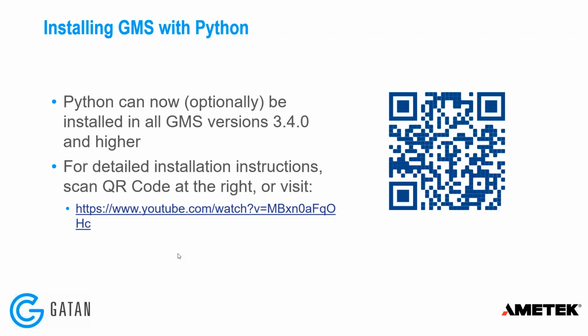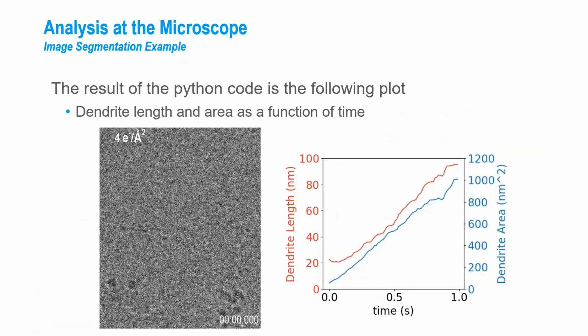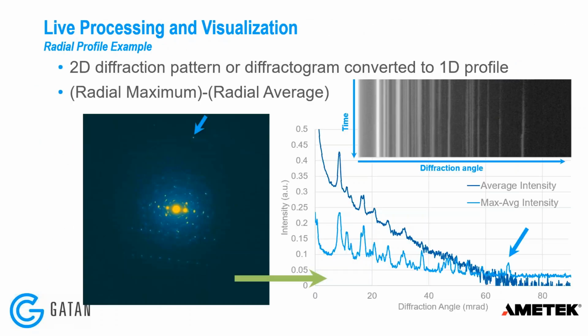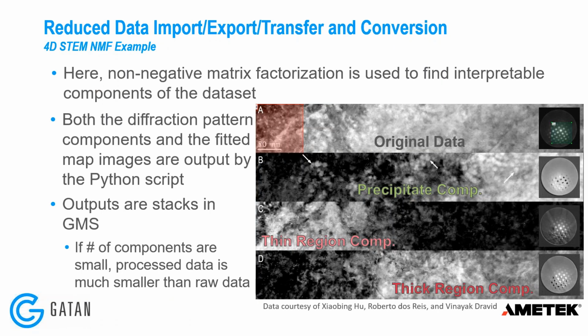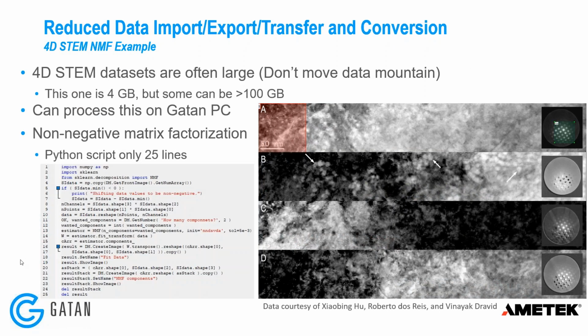There have been a number of questions, Ben, related to using Python with EELS data. No specific examples in this presentation, but can you comment on using Python with EELS? Yeah. So actually, let me go back to this example here, where I'm using Python for 4D STEM. I actually had to modify this script. The original script was in the help files for GMS that I was just talking about, where we have a number of examples.